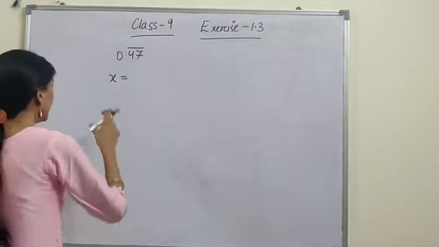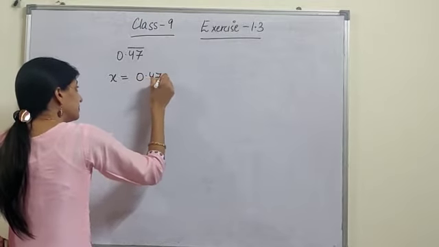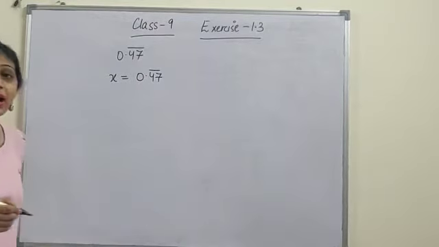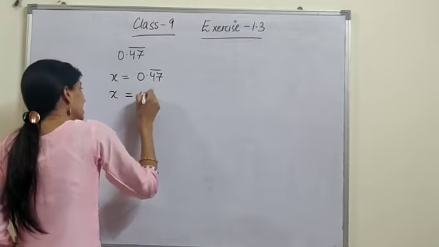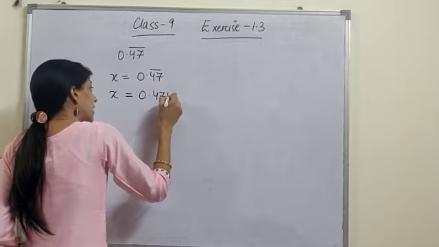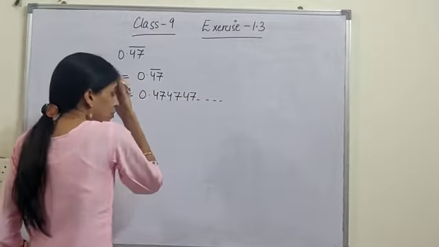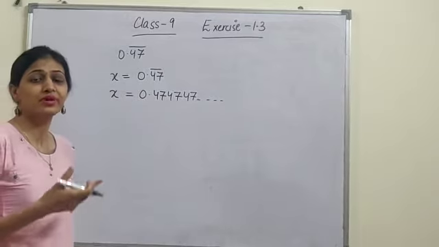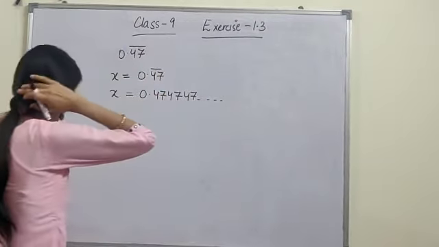So x equals 0.47 bar. The bar is on 2 digits, so that means these 2 digits are repeating themselves again and again: 0.474747.